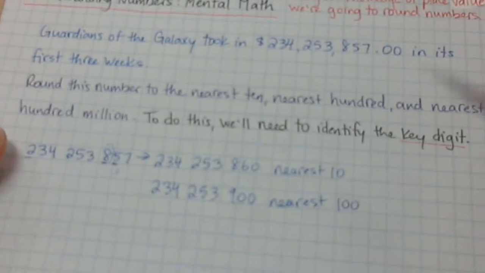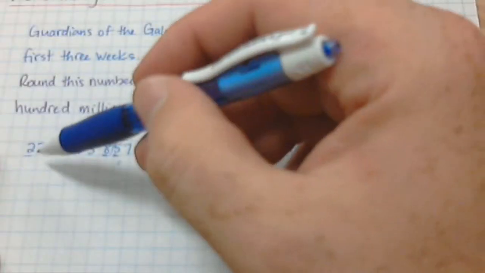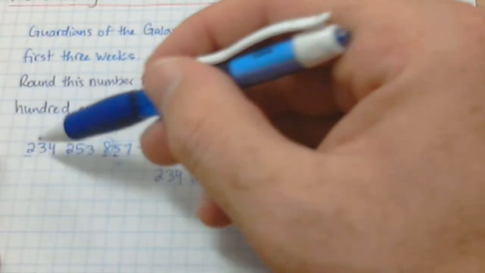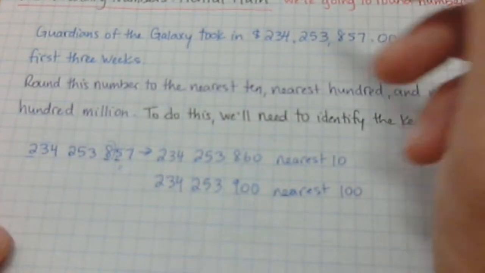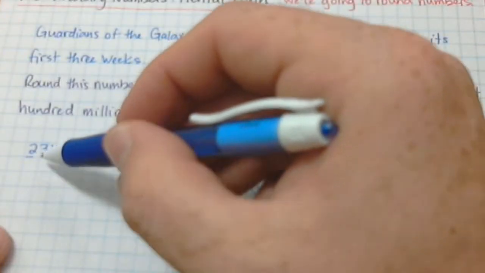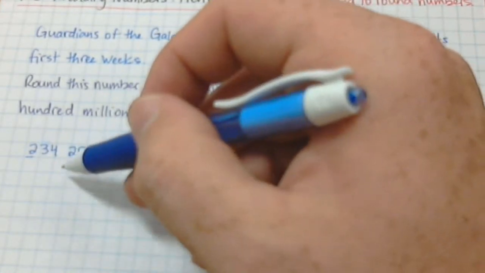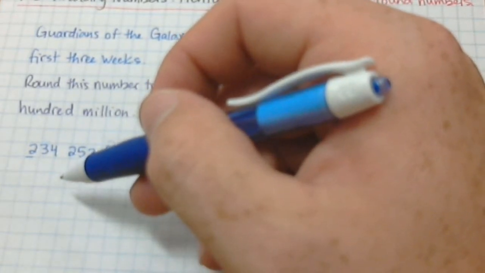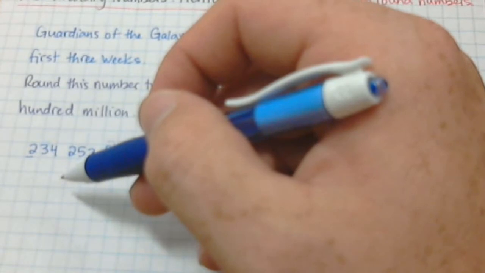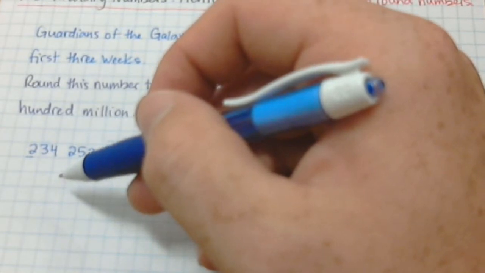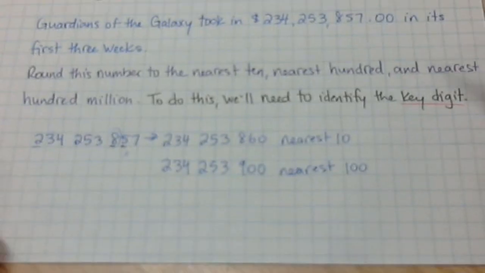The next one is to the nearest 100 million. Well, that's all the way over here. That's that first 2. What we do is look directly to the right, which means that the 3 there is our key digit. Now, if the number is less than 5, in other words, if that key digit is 0, 1, 2, 3, or 4, then we leave the number the way it is.